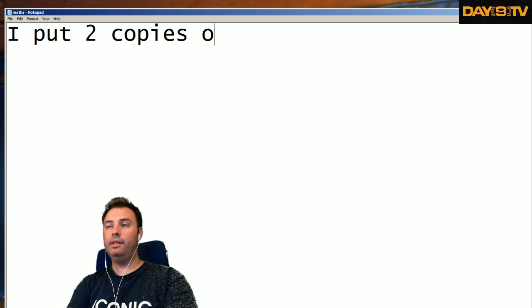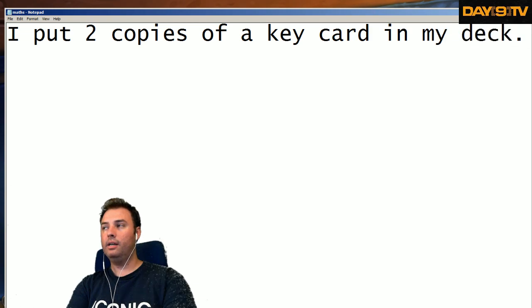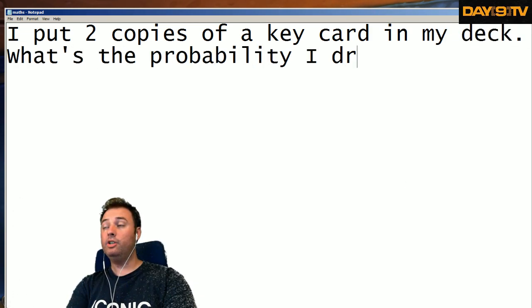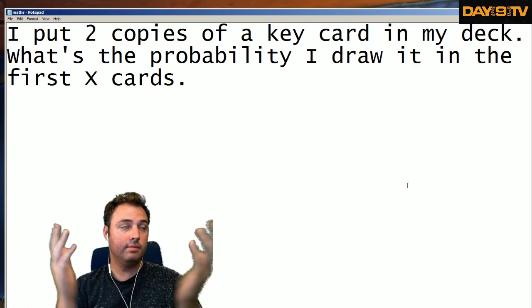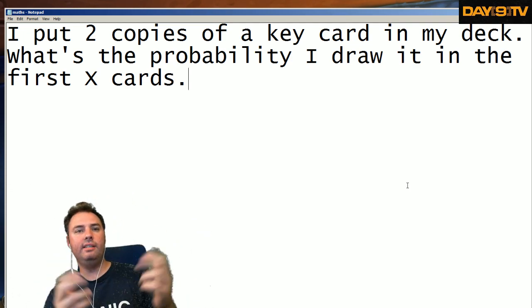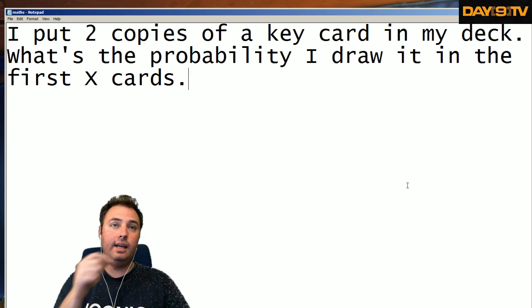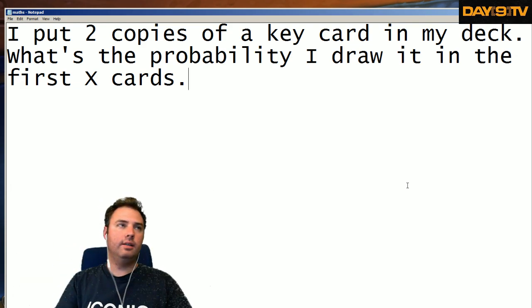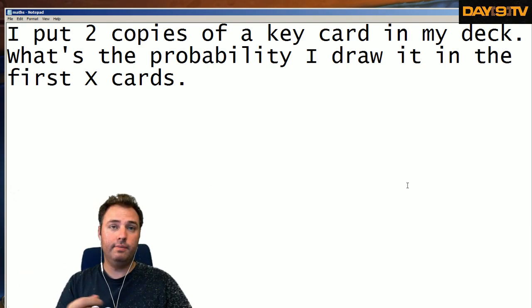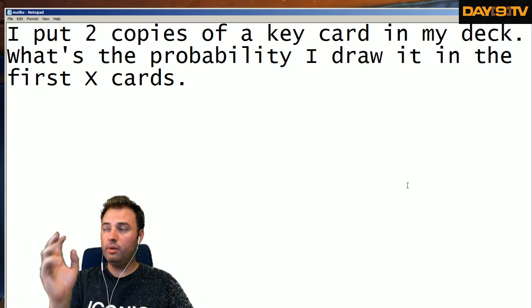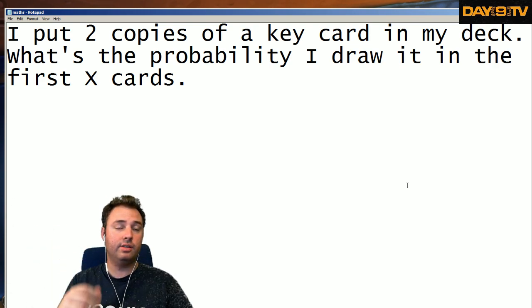I put 2 copies of a key card in my deck. What's the probability I draw it in the first X cards? I'm running a crazy Miracle Rogue. I need to get a Gadgetzan Auctioneer to get this crazy thing out.